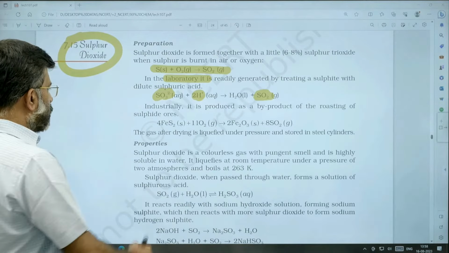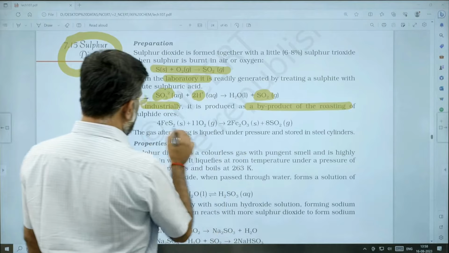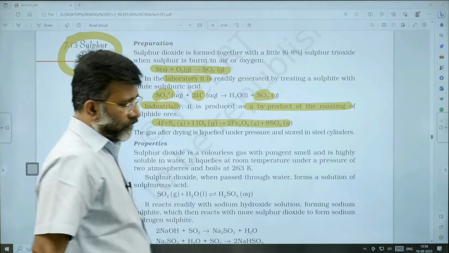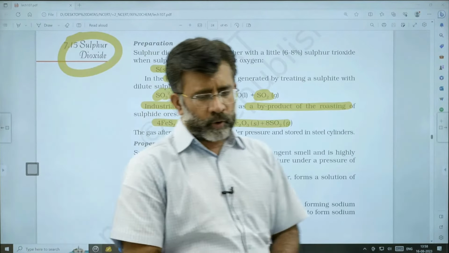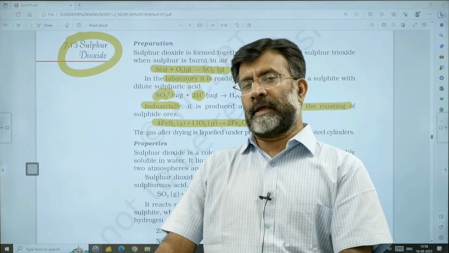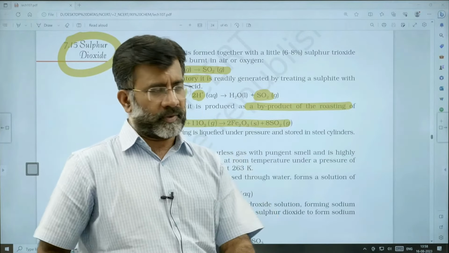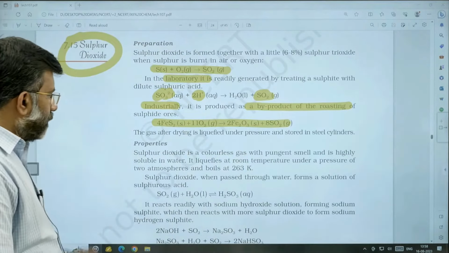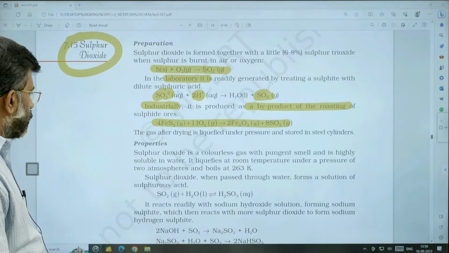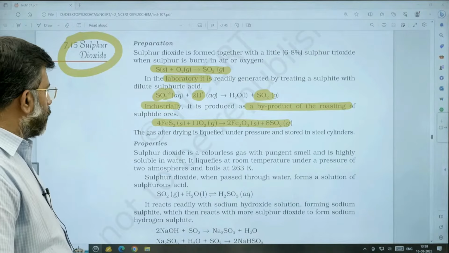Industrially, we can get it as a byproduct from roasting operations. In the metallurgical industry, during roasting, SO2 gas is released. That we can get industrially as a byproduct, which can be used for the contact process. So roasting is an important source of SO2. The gas, after drying, is liquefied under pressure and stored in steel cylinders.